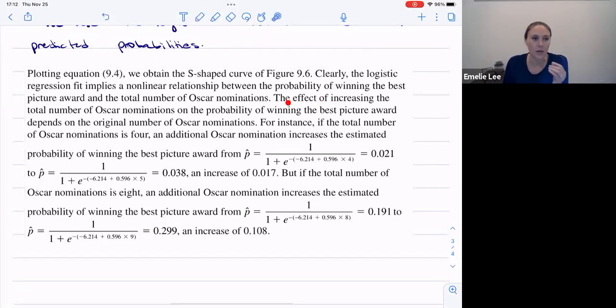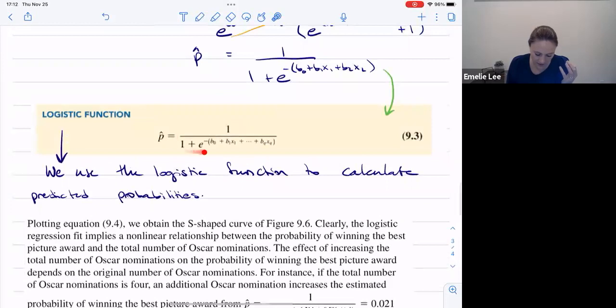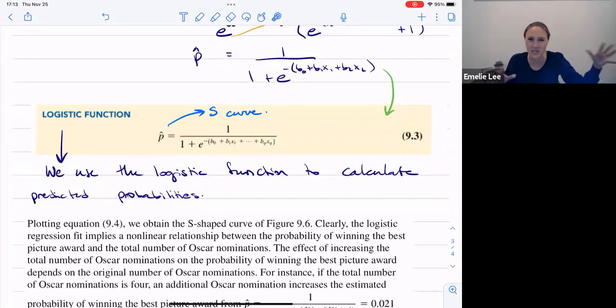So what we're talking about here, once we have this S curve, and that comes from this very non-linear predictor, so it's no longer linear. This p hat is what gives us the S curve. You can see how it takes x1 all the way up to xq, and all of a sudden it doesn't look very linear.